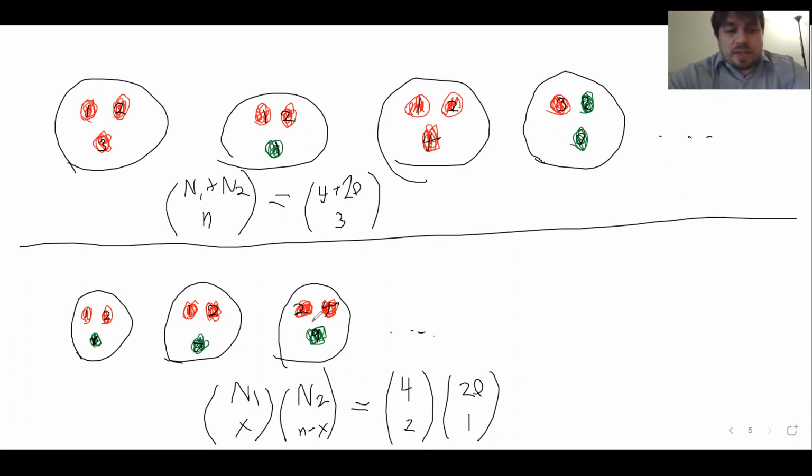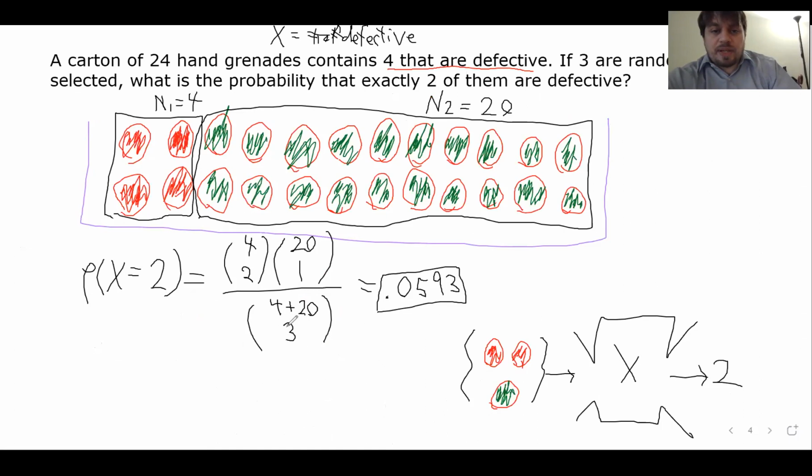That's the denominator. But then the numerator is the number of ways that, given that you choose 3, 2 are defective and 1 isn't. So it's this quantity divided by this one, right? Your sample space is all the ways to choose 3, and then the event is thinking of exactly 2 of them being defective. Okay? Hopefully that helps you visualize how we get this divided by this in this example.